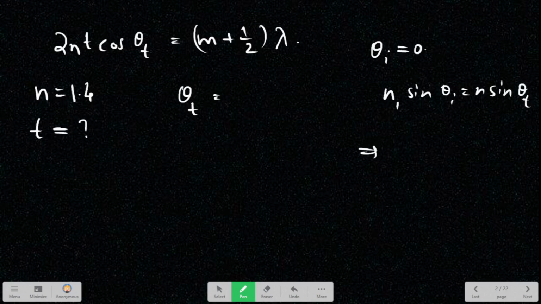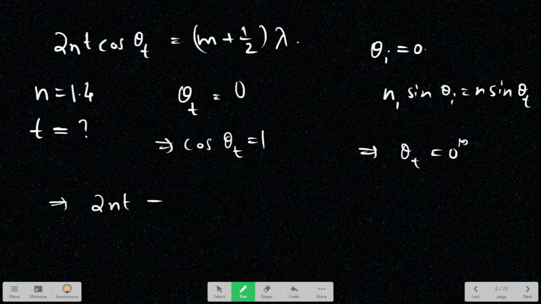So this implies theta t equal to 0 as well. So theta t is 0, which implies cos theta t equal to 1. Therefore our condition simplifies to 2nt equal to (m plus 1/2) lambda.